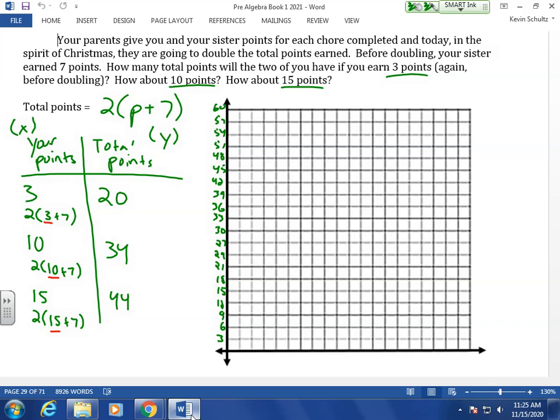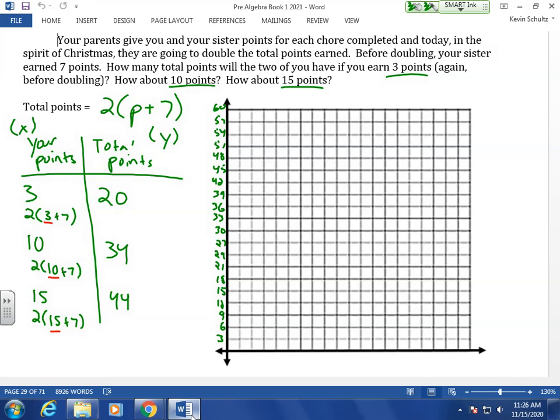But we do want to use as much of the coordinate plane as we can, right? If all of our data is just stuck down in one little section, and the whole rest of the coordinate plane is wide open and blank, well, that's not really using the space that we have. And the more space that we use, the more we can see trends and better analyze it. Going across the x-axis, we don't have to count by 3s if we don't want to. We just have to count by the same thing.